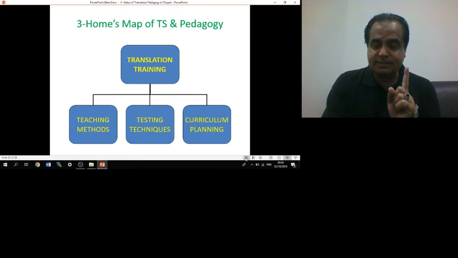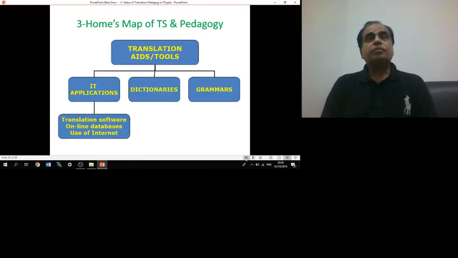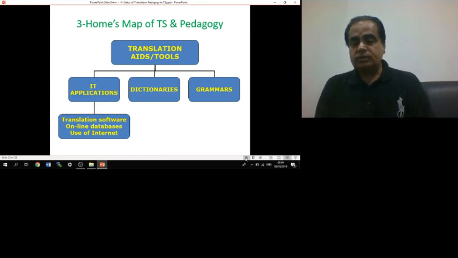But this is not enough. Translation aids and tools are also part of translation pedagogy. I mean, the IT applications and also dictionaries and grammar books and translation software, online databases, use of internet, and so on and so forth.